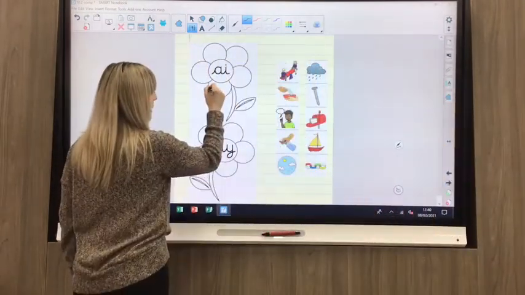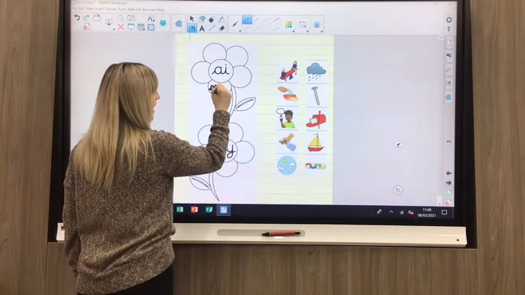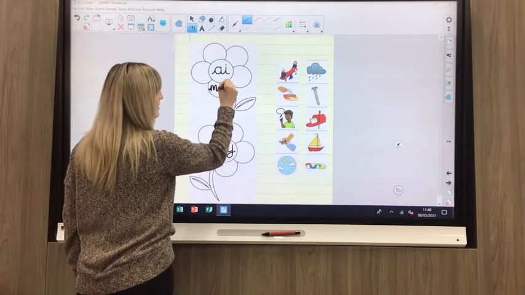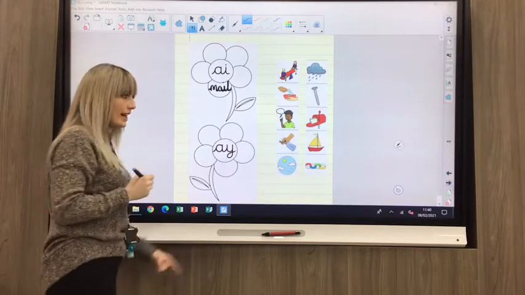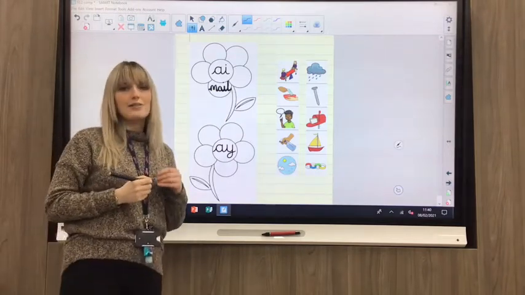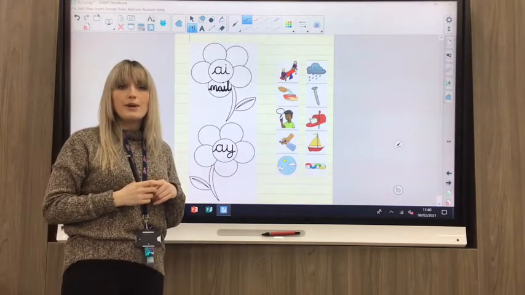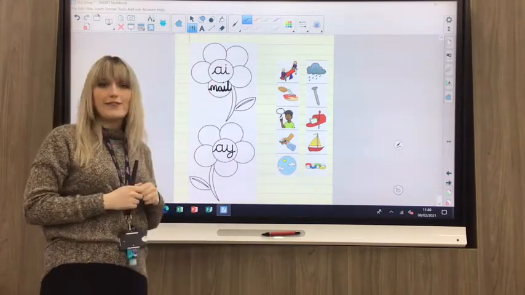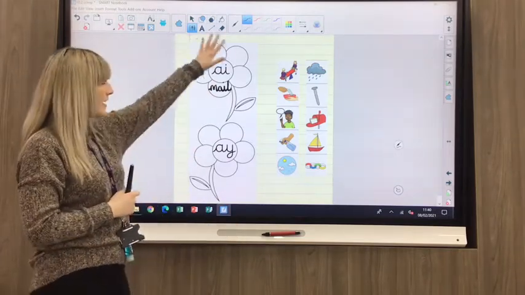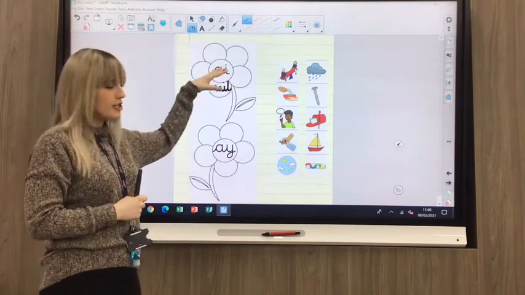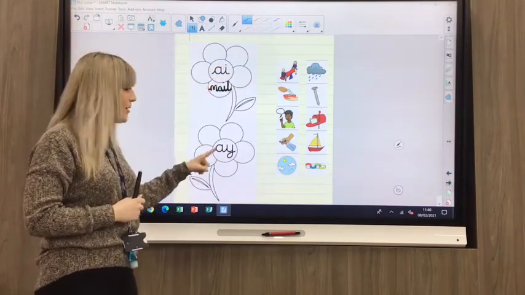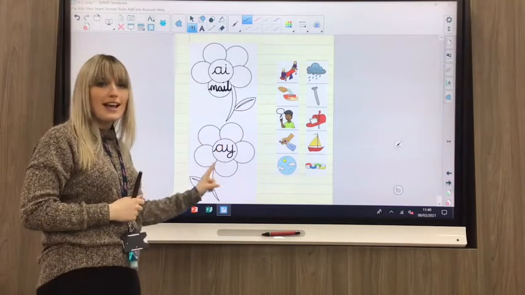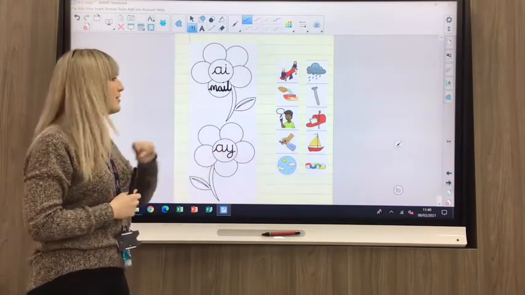So I'd have my mail. So really think about where the A sound is in the word and it will tell you whether it's A for rain or A for play. So remember, that's in the middle of a word and usually, mostly, A for play is at the end of a word.